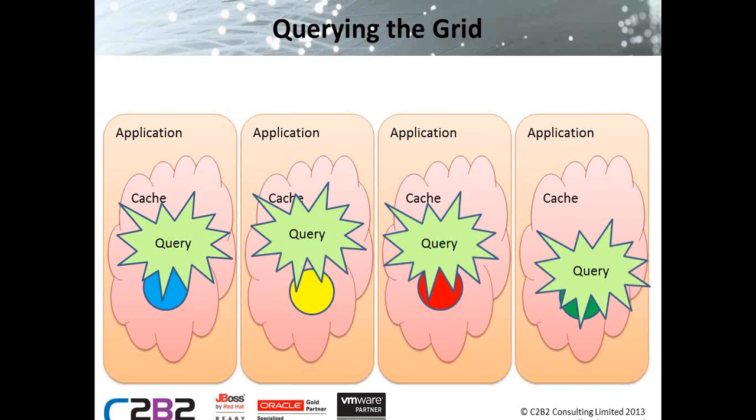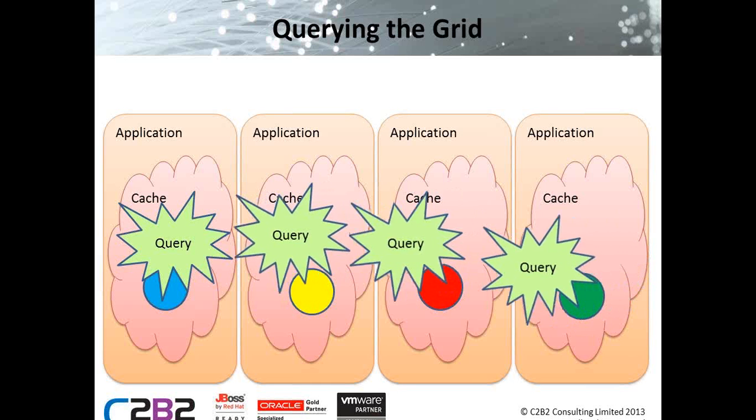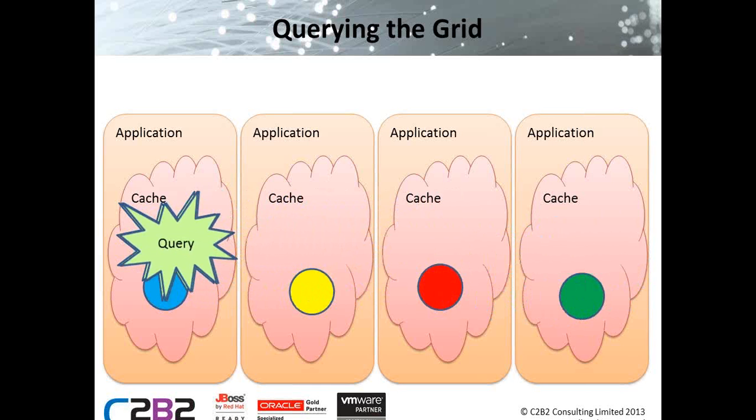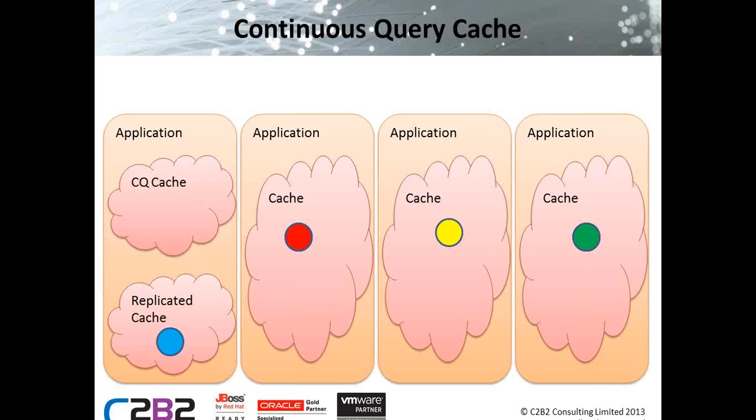Oracle Coherence will push processing out onto the grid, execute it locally, and bring back the results to you, which is obviously much more efficient: taking the query across the grid, executing it locally in parallel, using all the multiple CPUs as well, and bringing that back is much less expensive on the network.